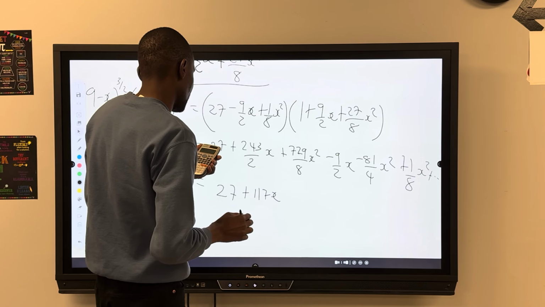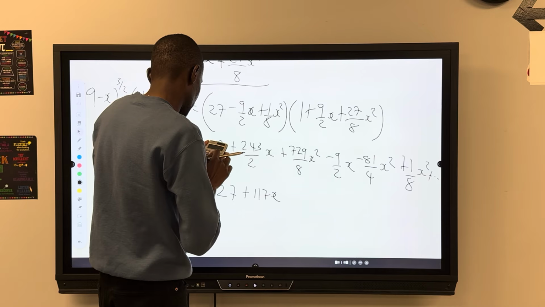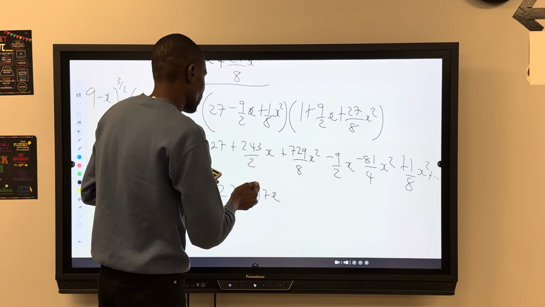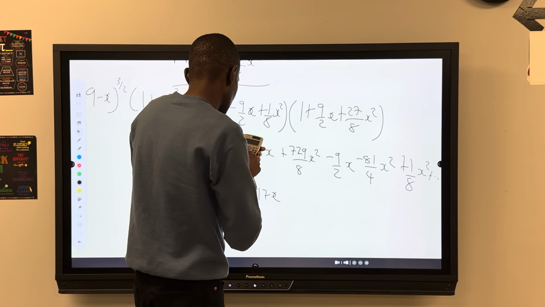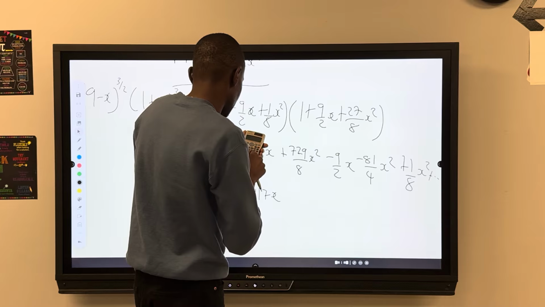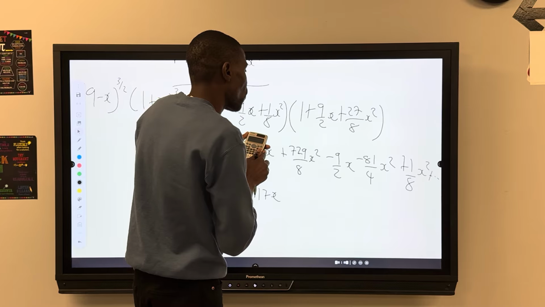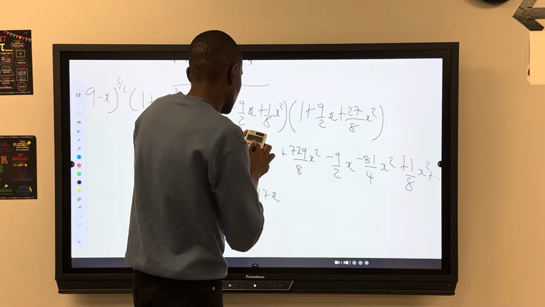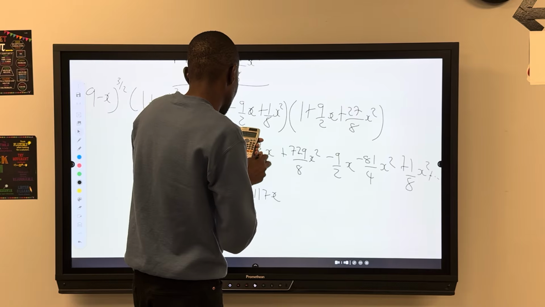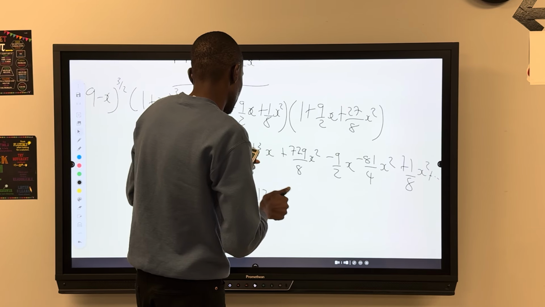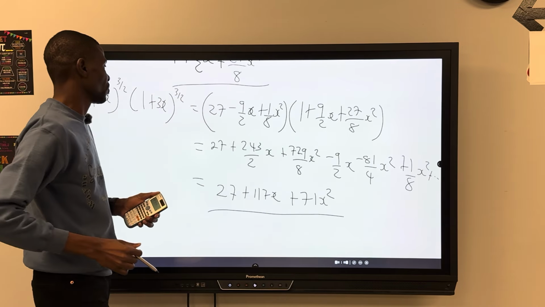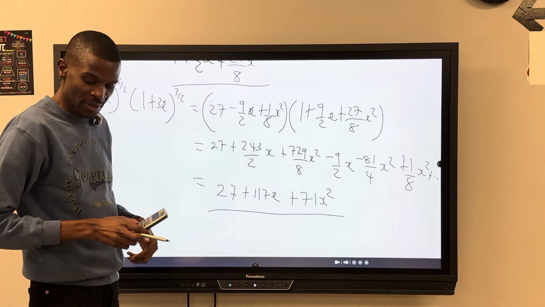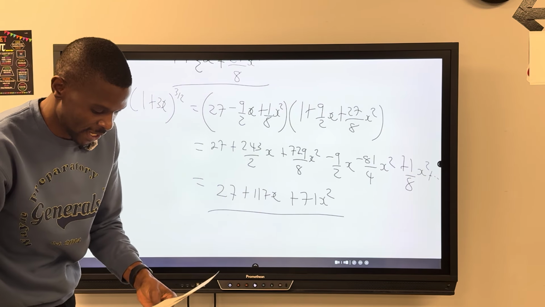Okay, then I've got this one, so I've got 729 over 8 minus 81 over 4 plus 1 over 8. I'm getting 71, plus 71x squared. So this is the expansion, guys, up to and including the term in x squared.